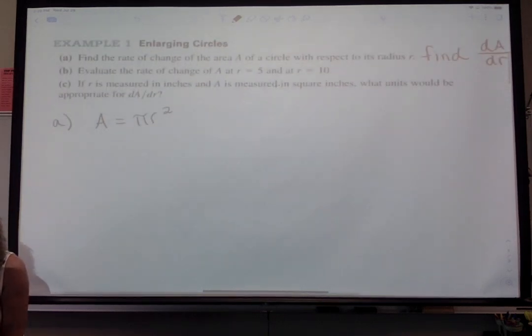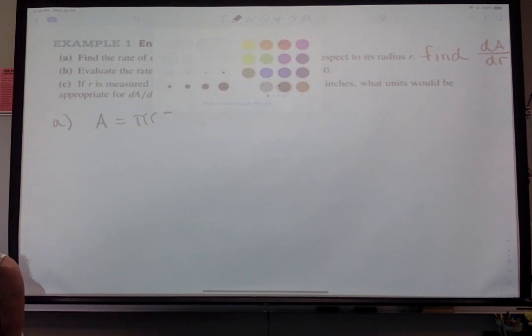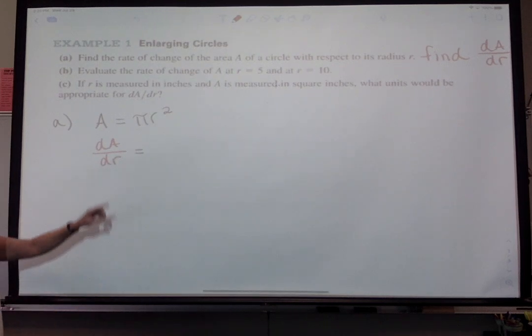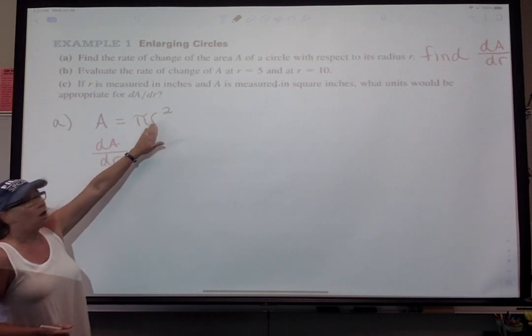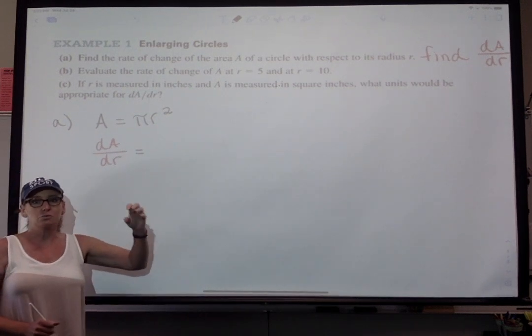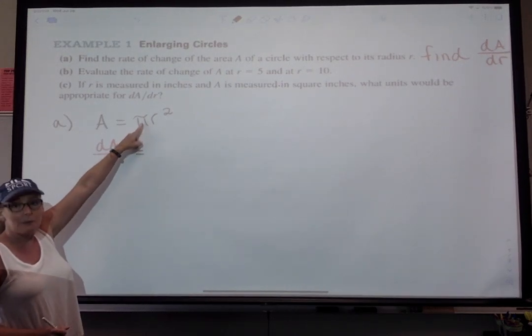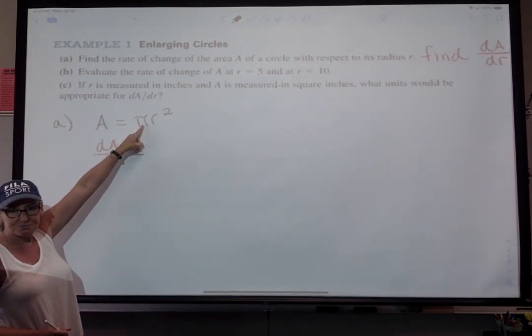And part A is asking us to do this. So as I look at this, I have to keep in mind R is my variable. R is what I can do the power rule on. What is pi? Pi is just a constant.